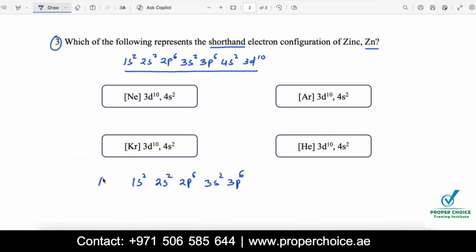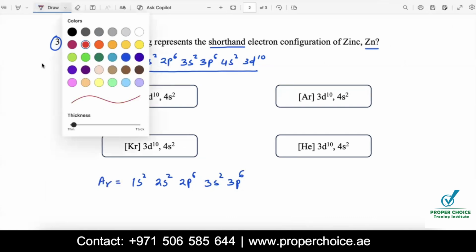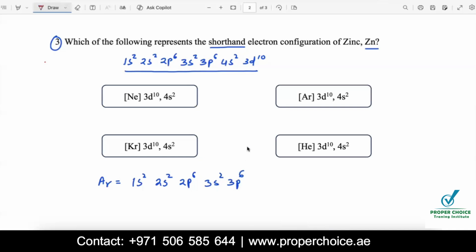So this is the electron configuration of argon. Rather than writing the electron configuration of zinc in all detail, from here to here, we consider this the electron configuration of argon. So the shorthand notation here is, we write it as Ar with 4s2, then 3d10, or Ar with 3d10, 4s2, it doesn't matter. As I told you, the order can be changed.